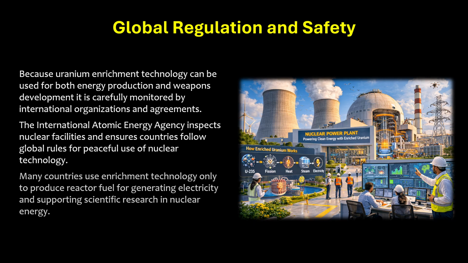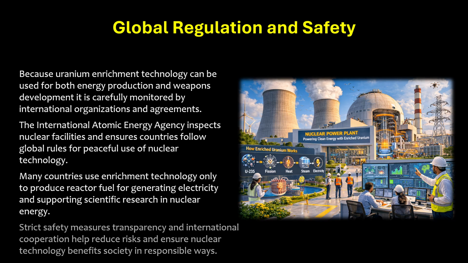Many countries use enrichment technology only to produce reactor fuel for generating electricity and supporting scientific research in nuclear energy. Strict safety measures, transparency, and international cooperation help reduce risks and ensure nuclear technology benefits society in responsible ways.